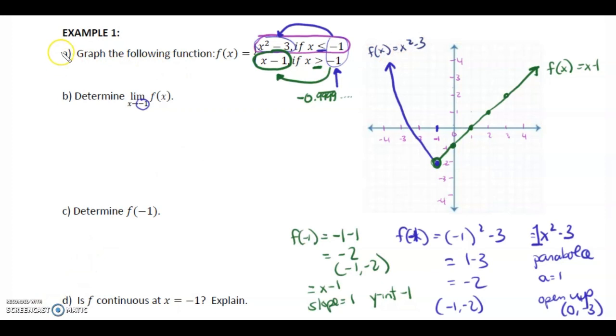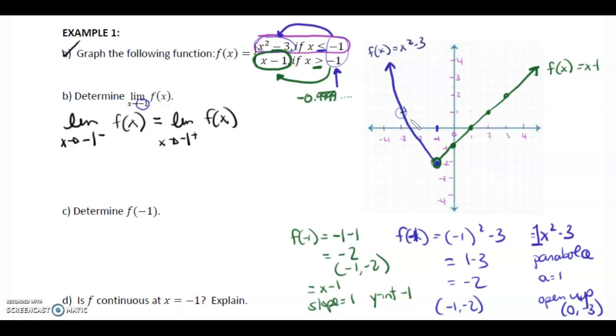Okay, so we went ahead and graphed it. Now, determine the limit as x approaches -1. So what we have to do for this is determine the limit as x approaches -1 from the left of f at x, and we have to ensure that the limit as x approaches -1 from the right of f at x is the same.